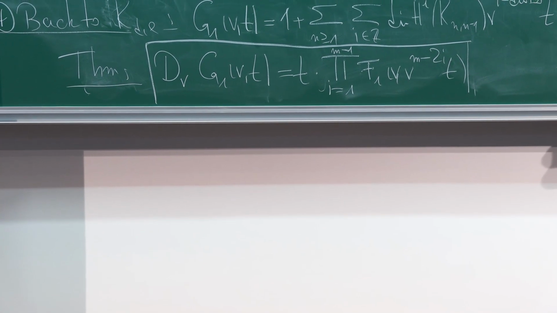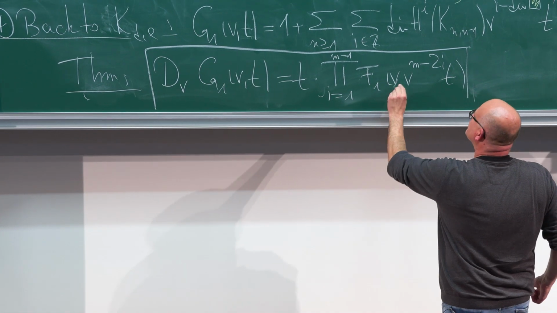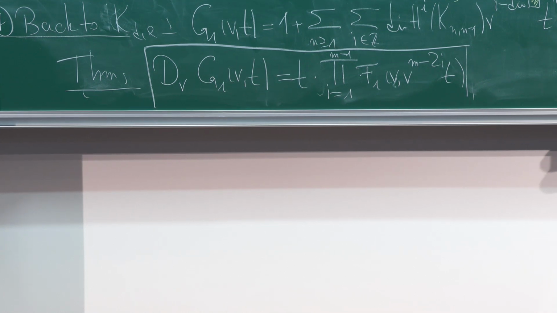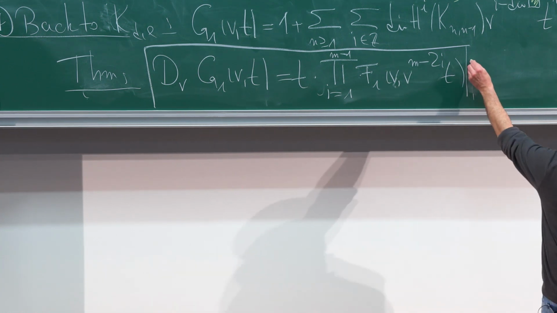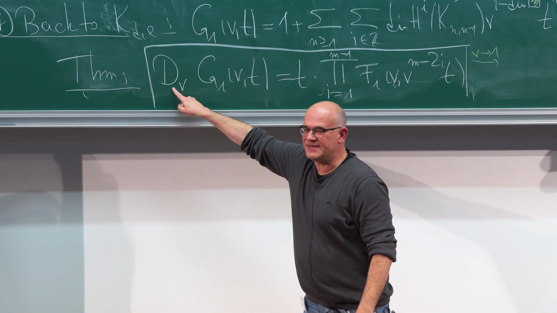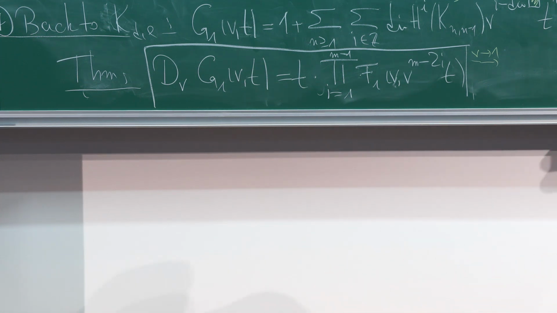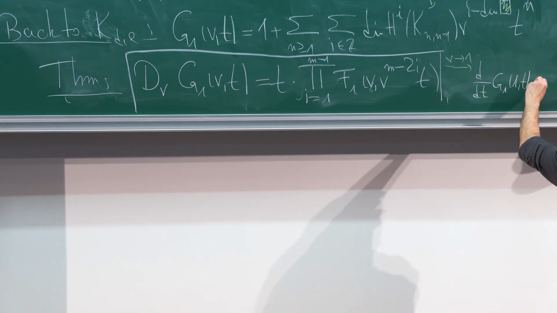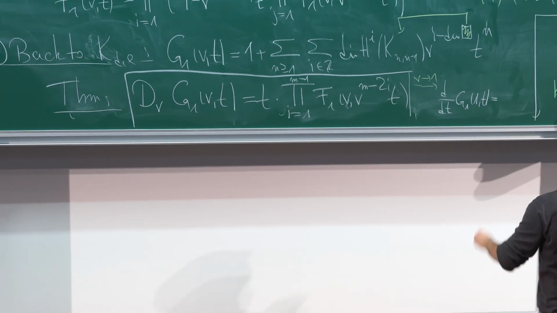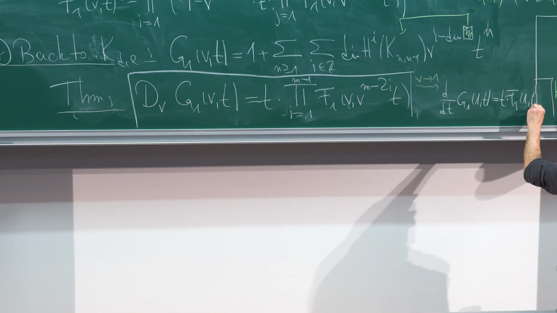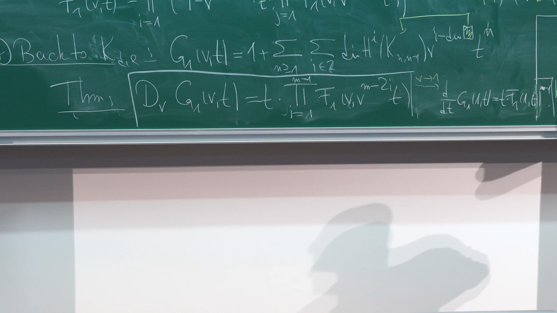So that adds an algebraic difference equation, and let's also dequantize this, so specialize v to 1 again to see what it means. If we specialize v to 1, then this operator just specializes to the usual derivative in the variable t. So it's d by dt of G1(1, t), and this is then just t times f1(1, t) to the power m minus 1.